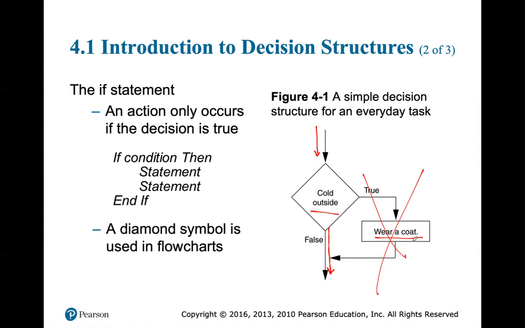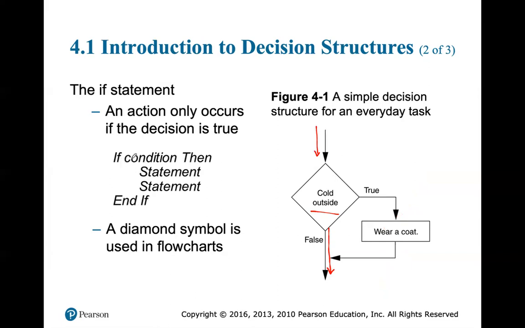You will have some sort of action somewhere. And this is the most simple one. This is the single alternative decision structure because we only have one alternative pathway for our program to execute, wearing a coat. Now, this is some pseudocode right here. In general, this is how all of the languages are set up.